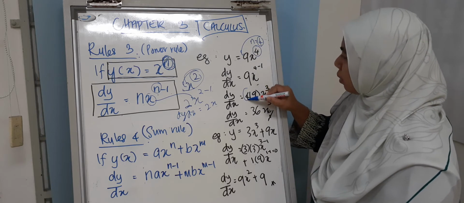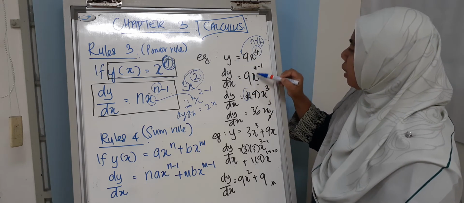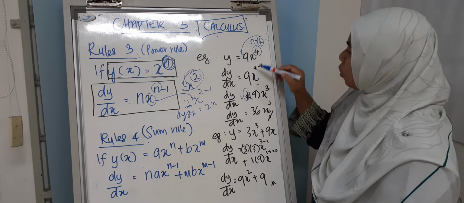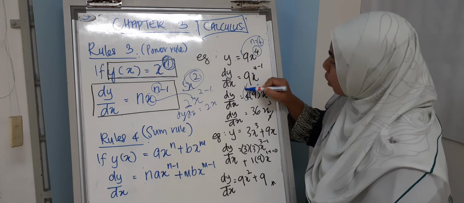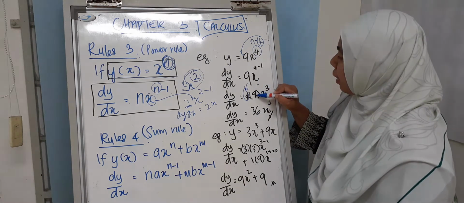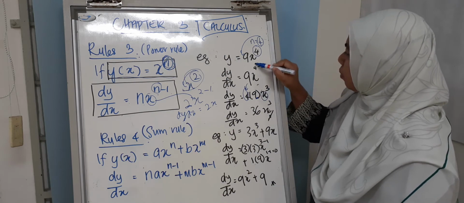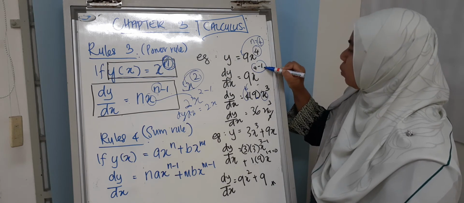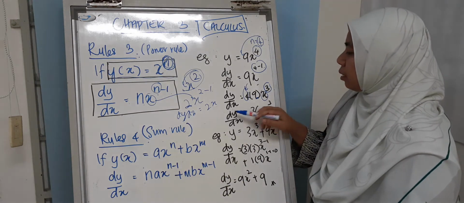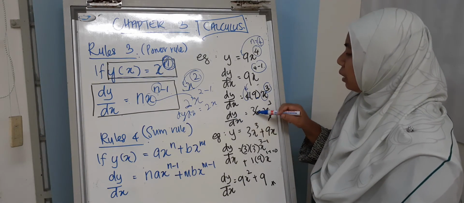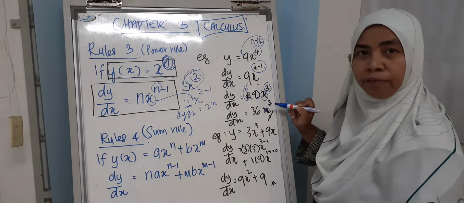So dy per dx equal to 9 times 4 x to the power of 4 minus 1. The 4 is brought here and then leave the x here. From this one, 4 minus 1 will be 3. So the answer is dy per dx is 36x to the power of 3.